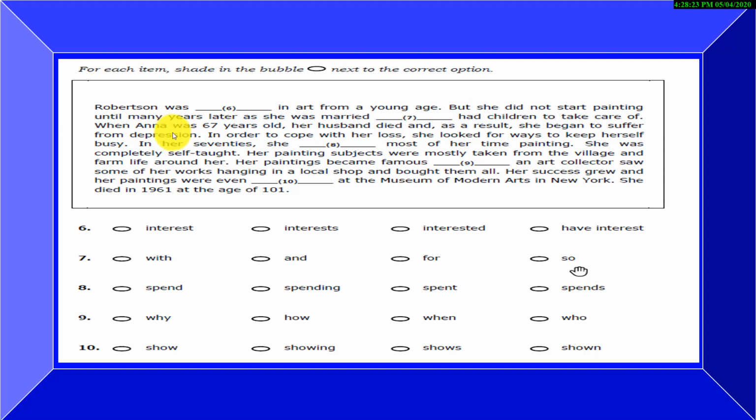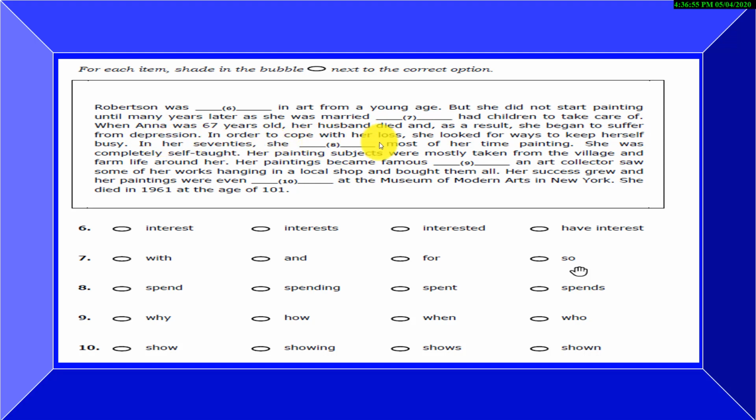When Anna was 67 years old, her husband died, and as a result, she began to suffer from depression.